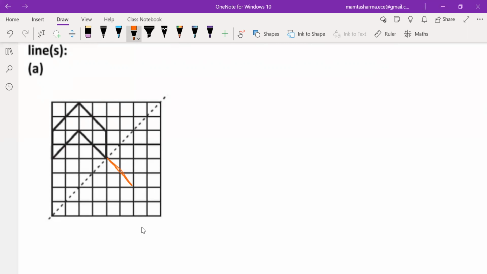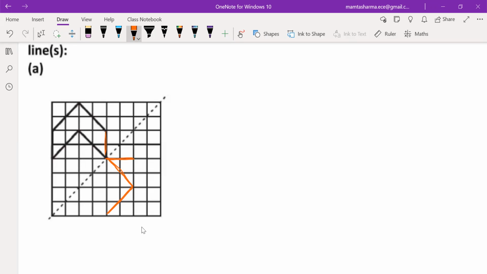Okay. After that, there is a curve, 90 degrees. There is a perpendicular line. And this perpendicular line is coming in 2 squares. So draw a perpendicular line which is coming in 2 squares. Correct? Now similarly, draw this line. So how would you draw this line? Like this. Okay, opposite line.